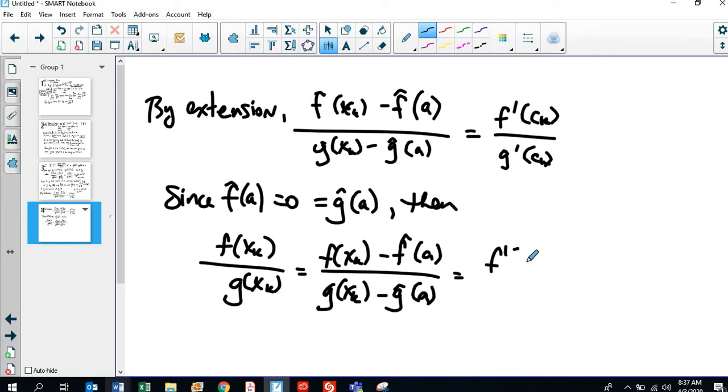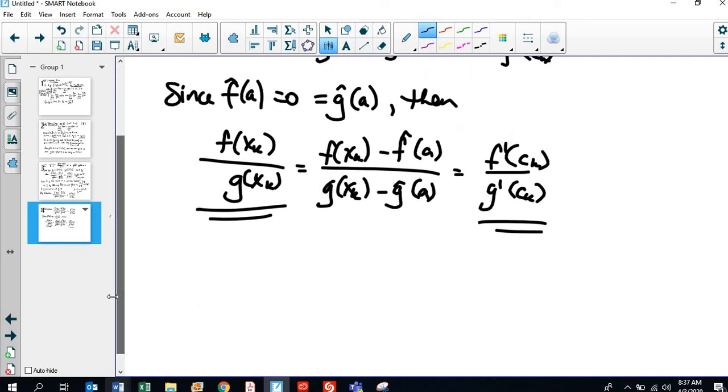But then that was equal to f prime of ck over g prime of ck by the generalized mean value theorem. That's where this came from, right? So I have now a relationship between the ratio of the f and g, and the ratio of the derivatives, okay? And so now I'm going to take the limit of both sides.